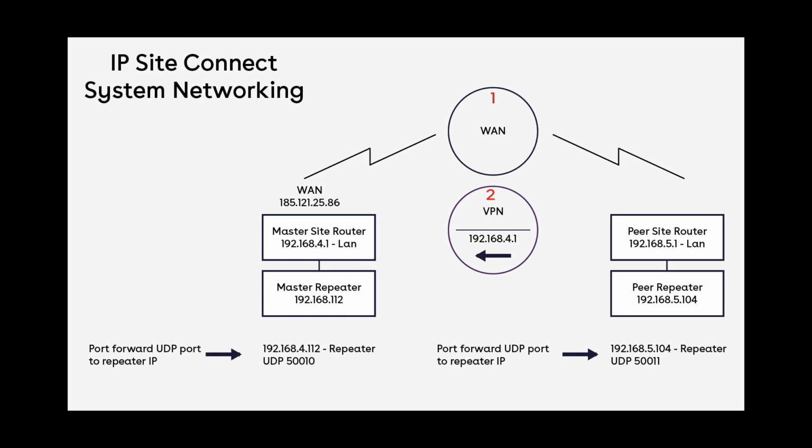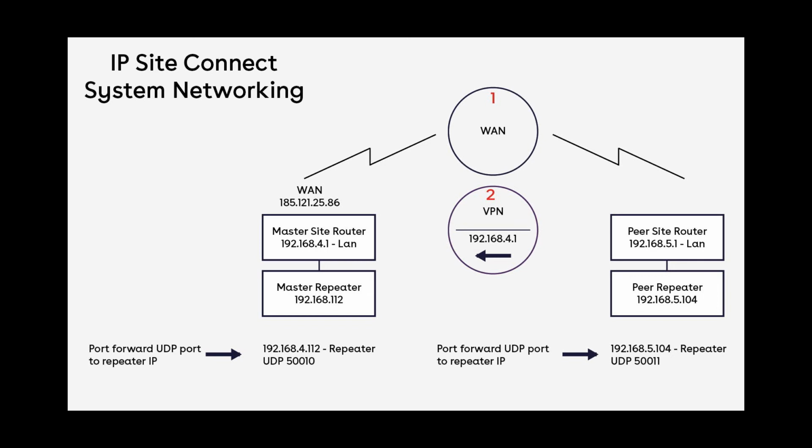The second way you can do it is if you have a VPN between the sites. So if you have a VPN, in your peer repeater, you will now reference the master repeater's local IP address, which is 192.168.4.112. And if you do it this way, you would not need to do any port forwarding because you are directly communicating with the repeater already.